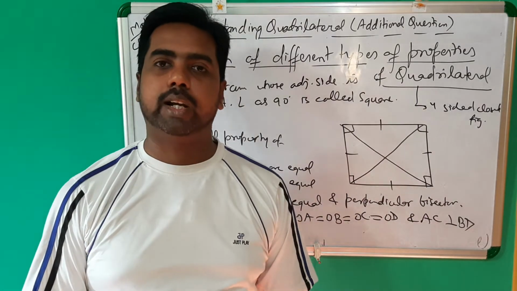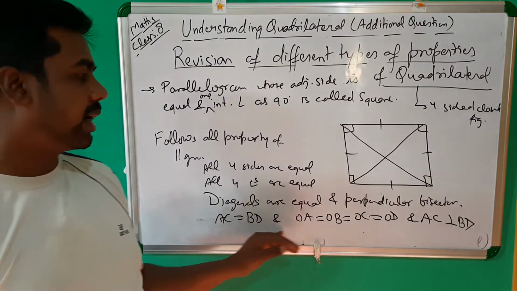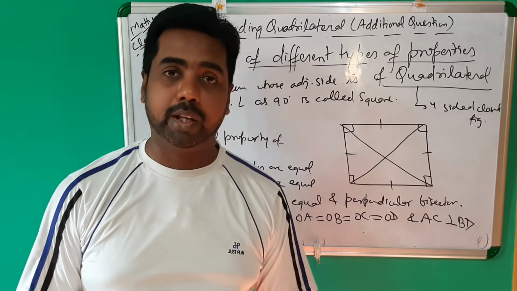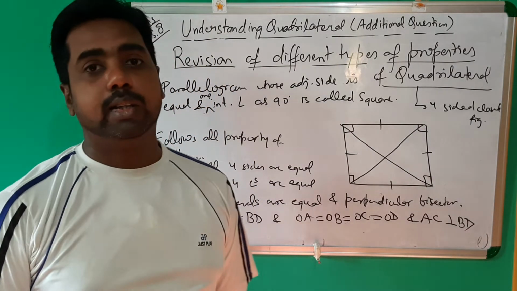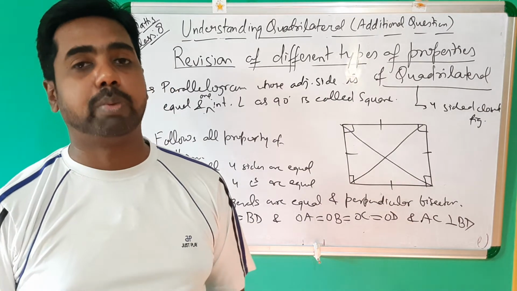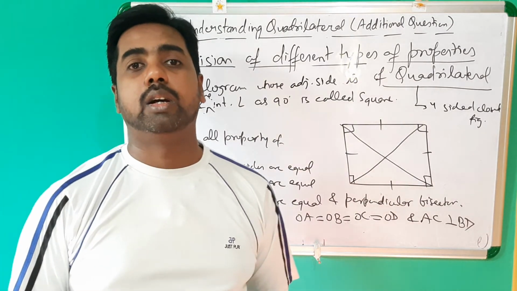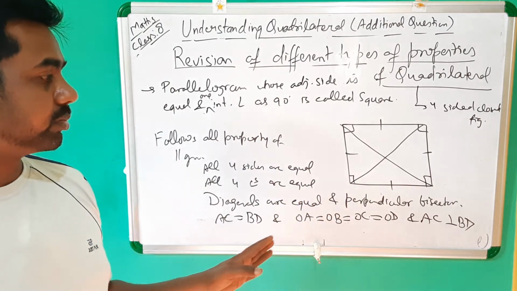So a square is the only quadrilateral whose diagonals are equal and perpendicular bisectors. This is the most important property of a square, that it follows all the properties of a parallelogram, rectangle and rhombus.